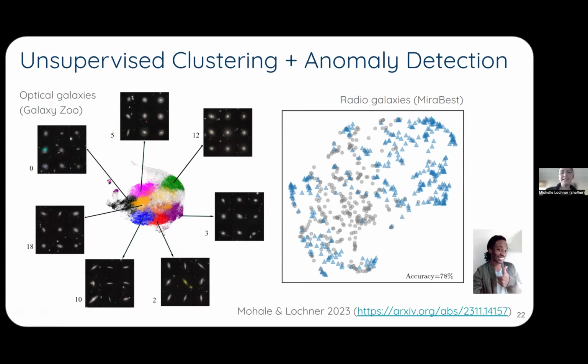You don't actually need any labeled data. You can do all of this in an unsupervised manner. Just look at the clusters and say, oh, well, these are mostly spirals, these are mostly ellipticals. It won't be perfect, but it'll be a good starting point for building training sets for downstream classifiers. And the greatest thing is that we were able to use exactly the same algorithm without any changes to radio data.